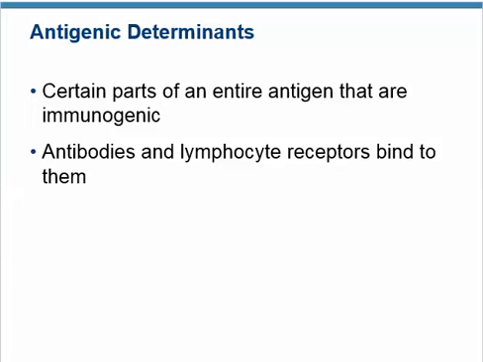Some antigens have many different antigenic determinants, and some of them only have one or two. If there are a bunch of different antigenic determinants, which are sometimes called epitopes, then the reaction will be stronger than if there is just one.